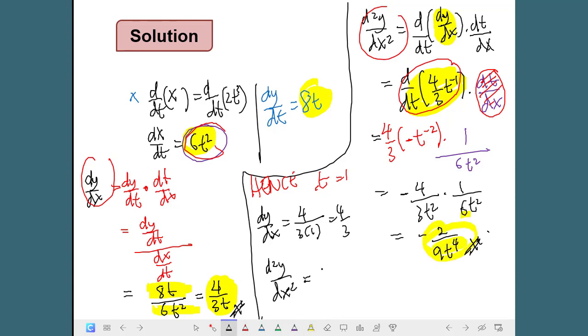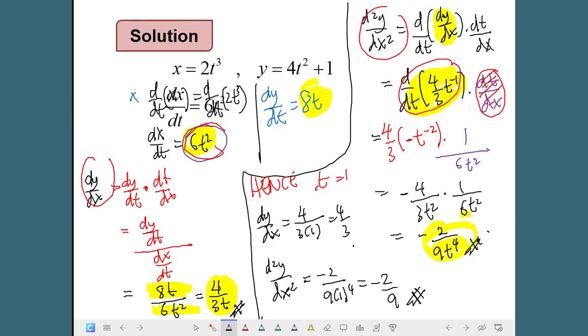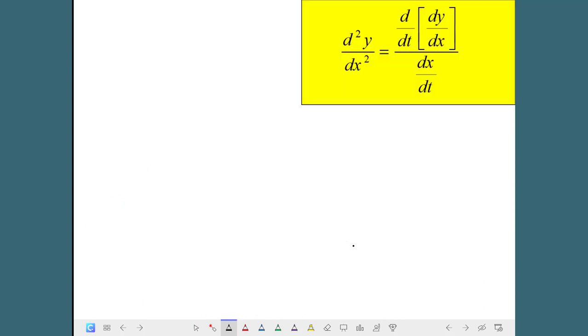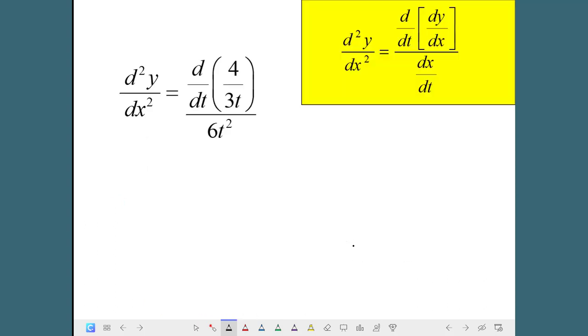Substitute t = 1/4, which is equal to negative 2 over 9. Okay, and done for this example. Okay, this is the second derivative.